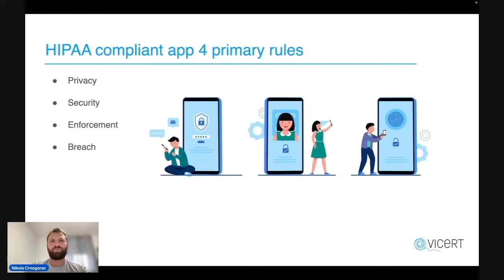So while as app developers we have to look into these 4 rules, companies also look above those rules. I can divide it into physical and technical safeguards above all of these rules.